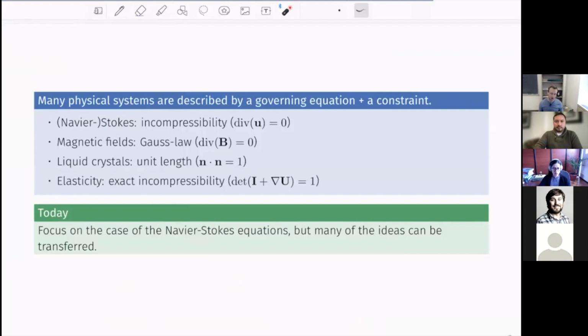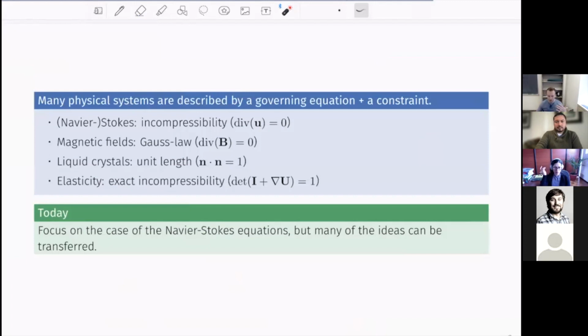Or if you're modeling liquid crystals, then you are usually solving for the direction of the crystals, and you have a unit length constraint for that direction vector. Or if you're doing elasticity and you want to enforce exact incompressibility of the deformed domain, then you have a constraint on the determinant of the identity plus the Jacobian of the deformation, right?